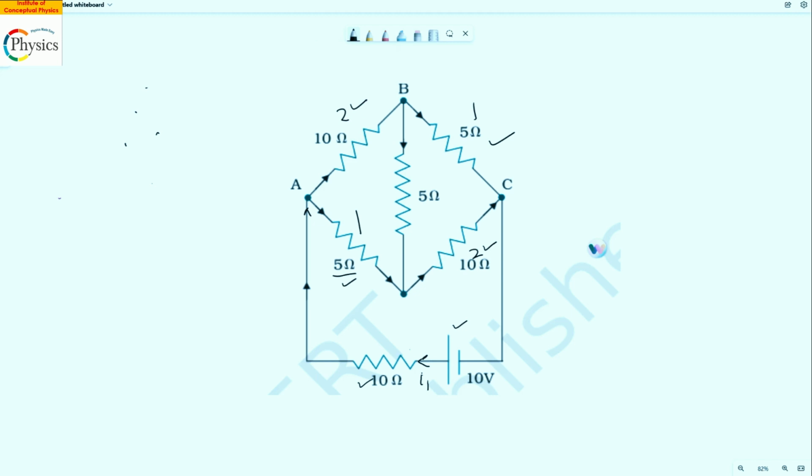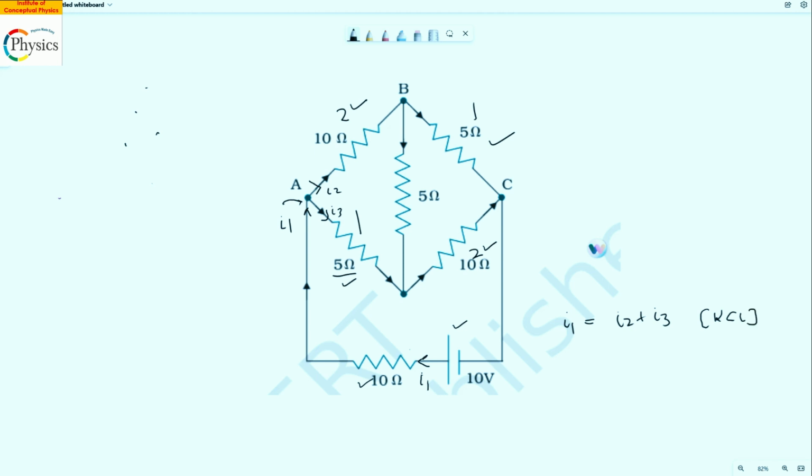So the I1 current enters here. Say the current splits here and becomes I2 and I3, right? So at this point A, I can write the first equation, which is I1 is equal to I2 plus I3. The current entering a node is equal to the current leaving the node. This is your Kirchhoff's current law.